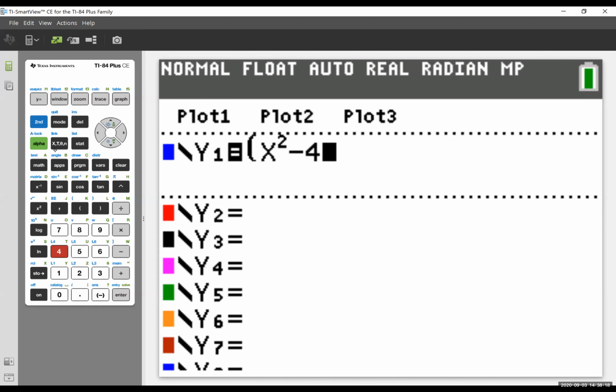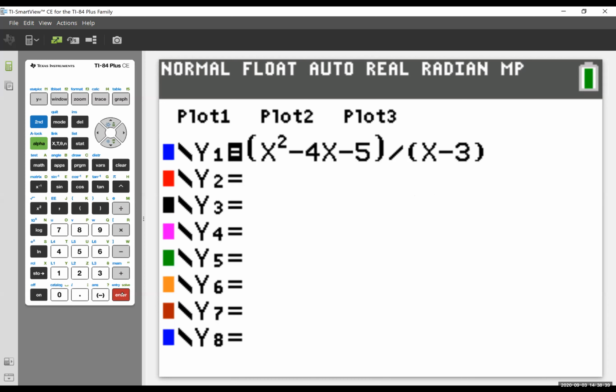So I have x squared minus 4x minus 5. So that's the entire numerator in parentheses. And we're going to divide by the denominator. Now enclose this in parentheses as well. So we have x minus 3. That's 3. And we'll press graph now. I think we're still in the standard viewing window. We will see.